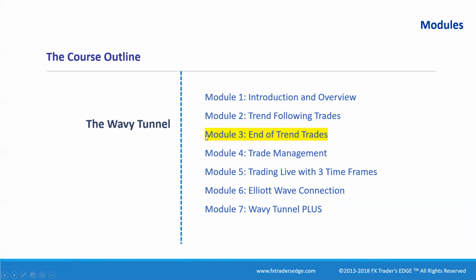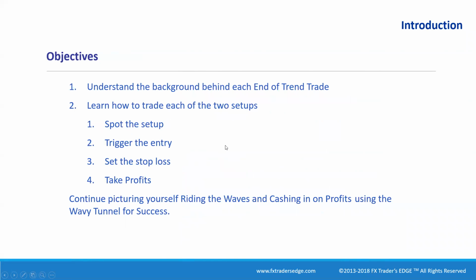So this is where we are today. The first thing that we're going to do when we write a trade plan is spot the setup, trigger the entry, so writing down where you're going to enter the position, set the stop loss, and set your take profit areas.